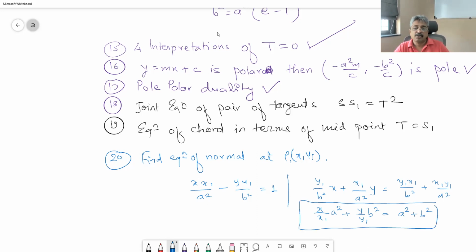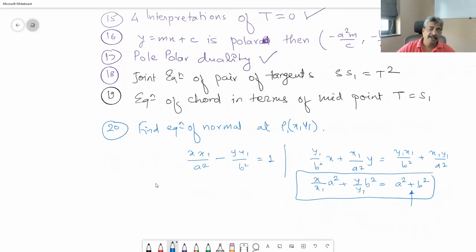This is the equation of the normal. Now that is why this is interesting, because now you have how many equations of normals in 2D geometry? You are supposed to remember all of them simultaneously without any error. Okay, 21.